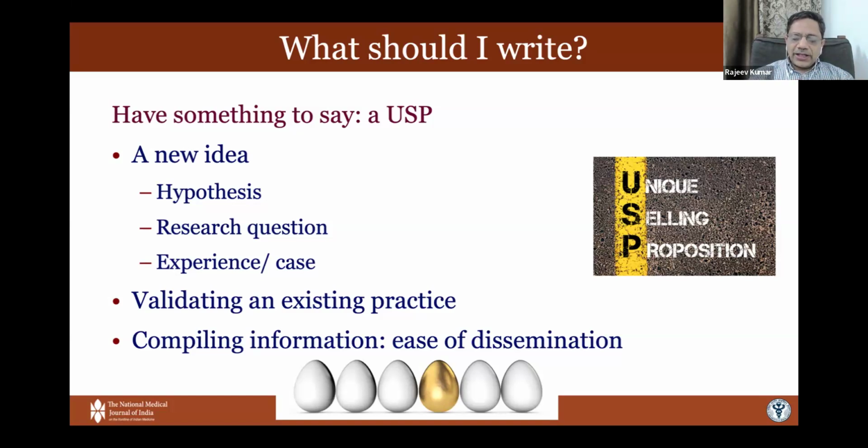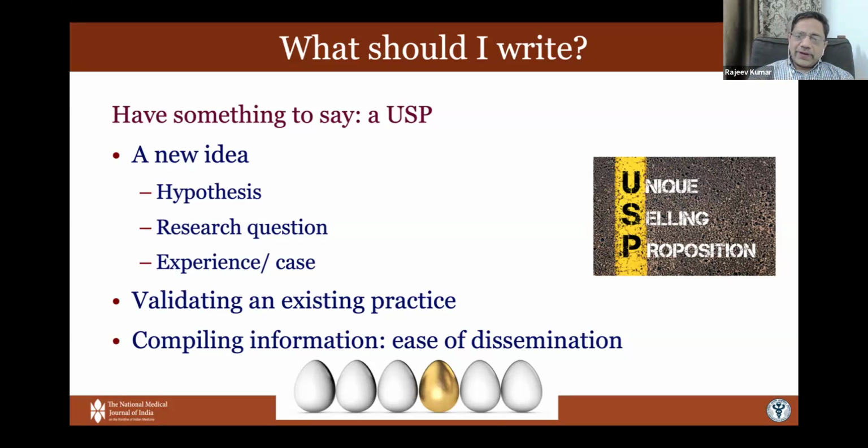Sometimes just validating an existing practice. We talked about counseling patients to donate. Now, there are obviously a number of described methods in which you go about counseling patients to donate, or relatives to counsel relatives to donate. But there may be changes that you have noticed or things that you have done in your environment which may be slightly different from the accepted practice.